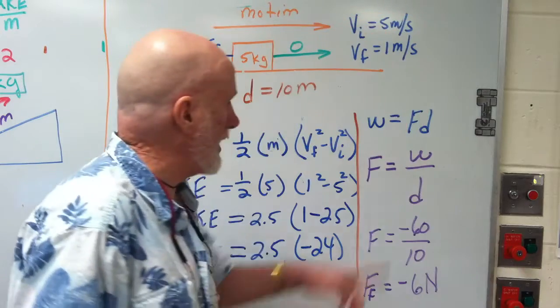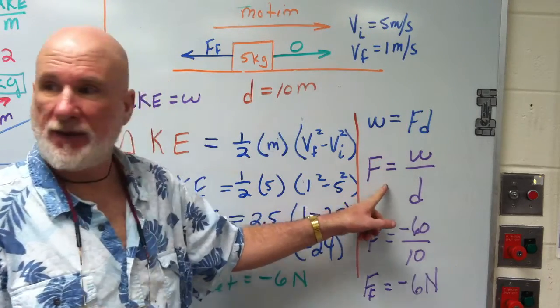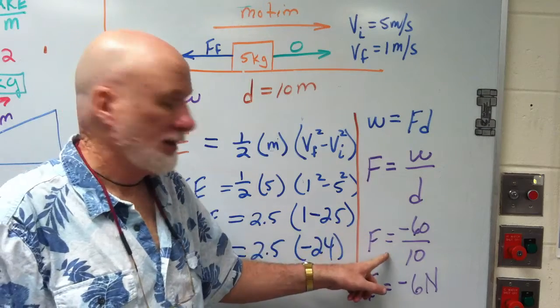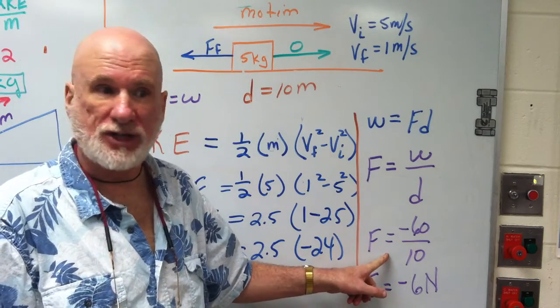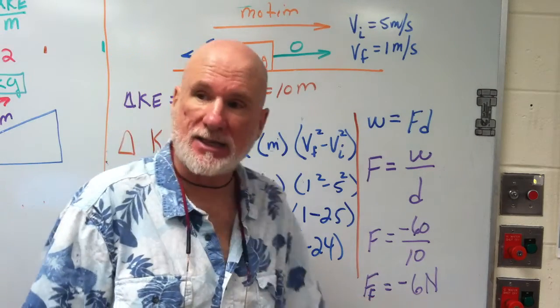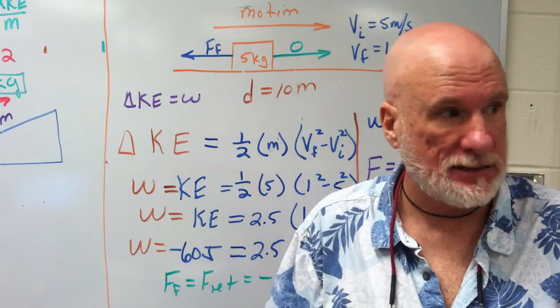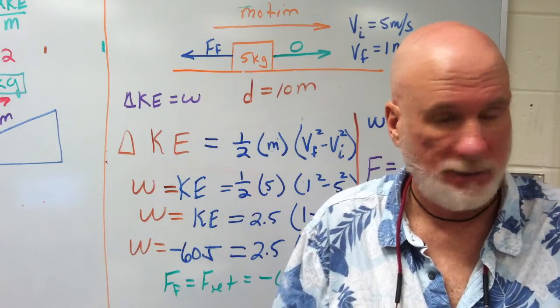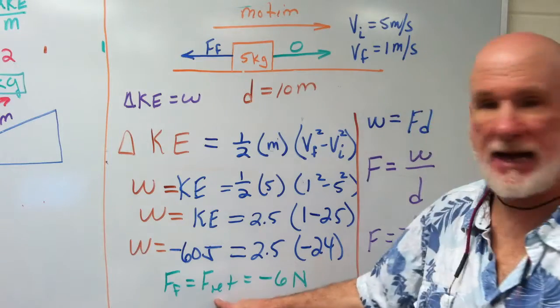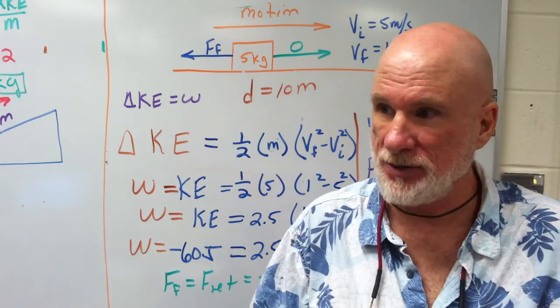And I know from the equation, W equals Fd, solve for F, W over d, the force of friction is negative 60 over 10, which is negative 6. So the force of friction is negative 6 newtons, right? And that's going to equal the F net. So the F net and the friction is negative 6 newtons.